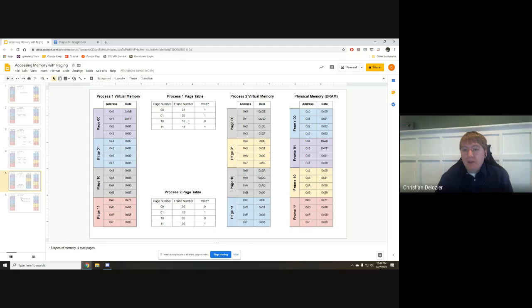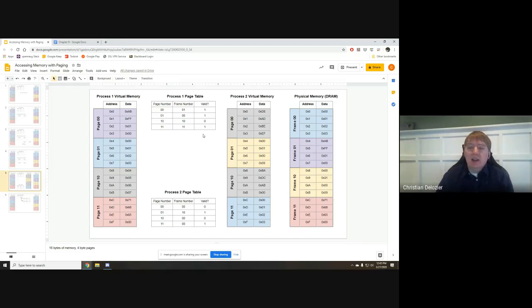There was something mapped at page 10 at some point, but it's no longer mapped. What's actually mapped there is process 2's page 01. Process 2 is going to use its page table to map addresses, and process 1 is going to use its page table to map page numbers to frame numbers.